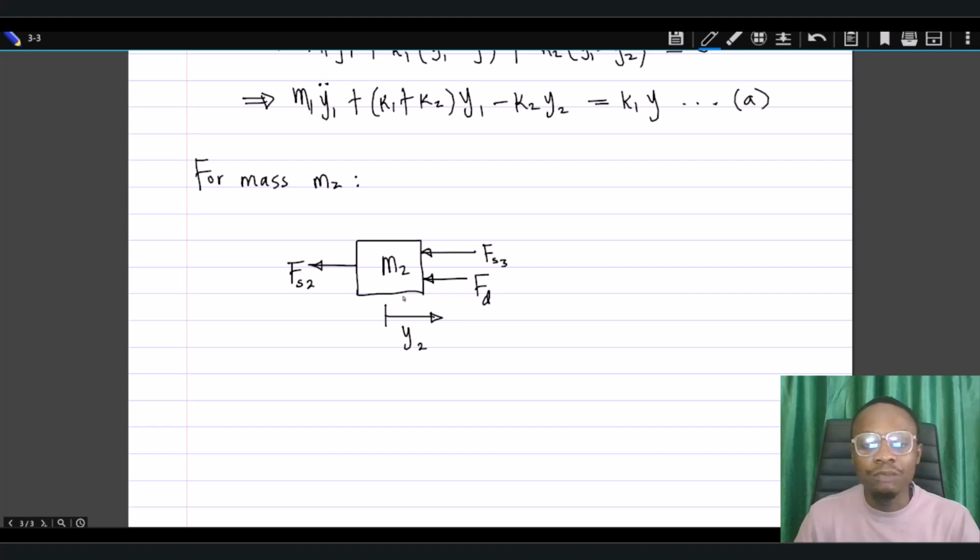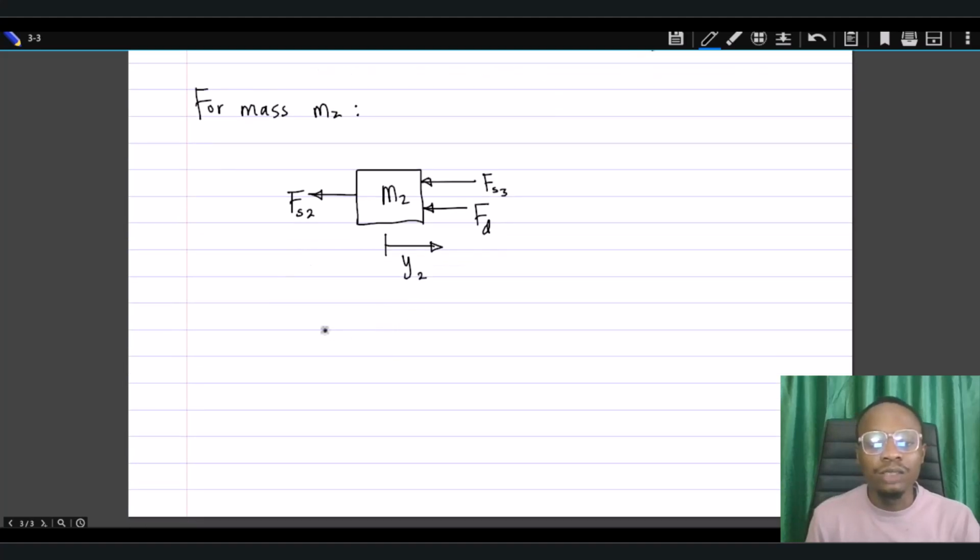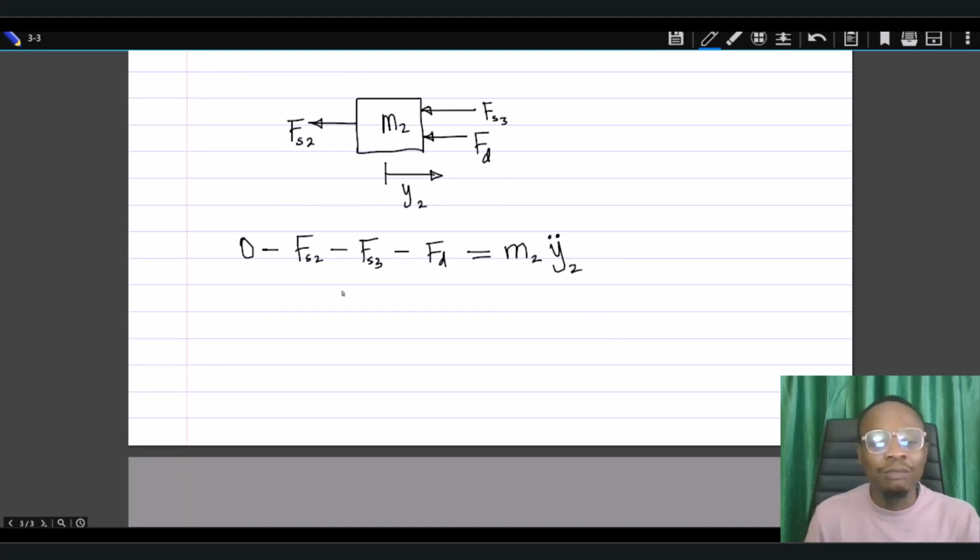So the summation of forces along its direction is 0, no force along that direction, then all of the other forces negative: negative fs2, negative fs3, negative fd. All of these will be equated to the mass of the body, which is m2, multiplying its acceleration. Since its position is captured by y2, this will be y2 dot dot. With that we are good to go. As our custom is, we put all of these equations together.